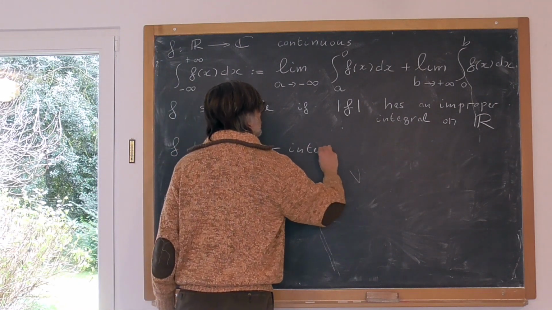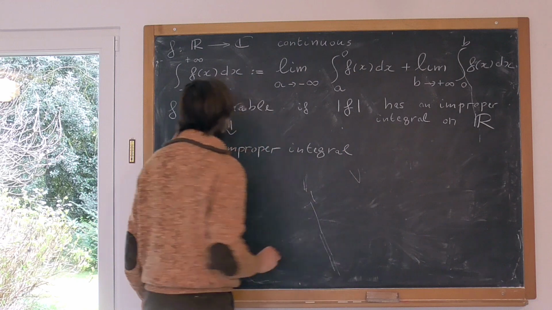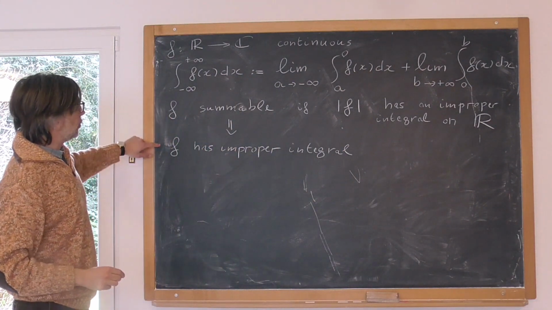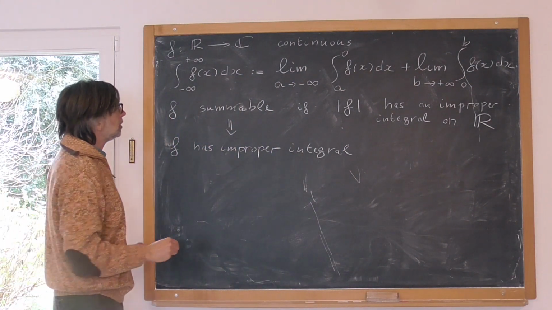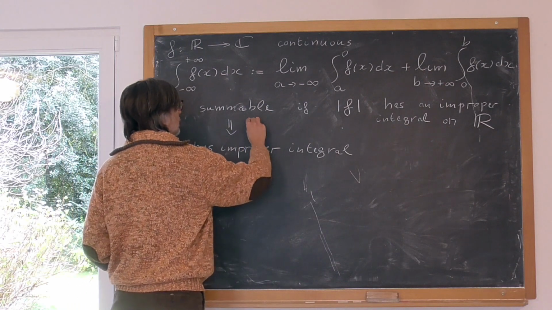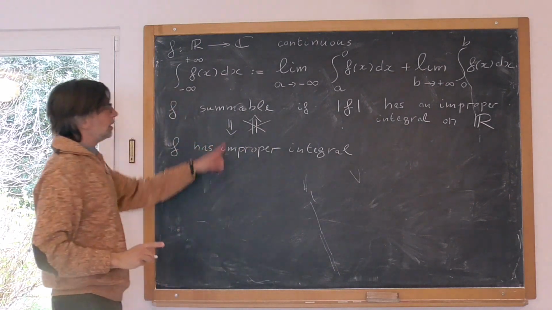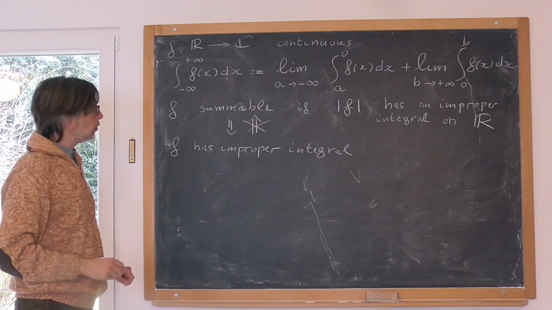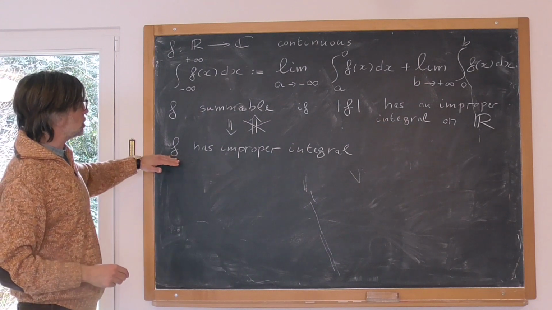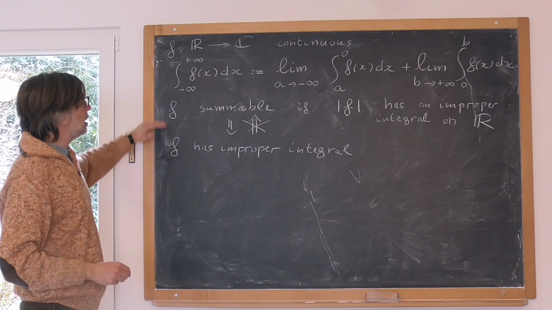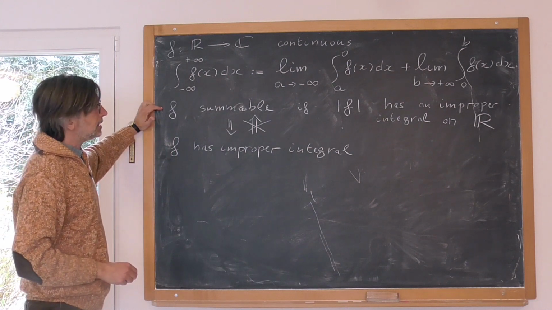So this is a sufficient condition for having the improper integral. It's not necessary, so the other direction is false. There are functions which have an improper integral but are not summable.